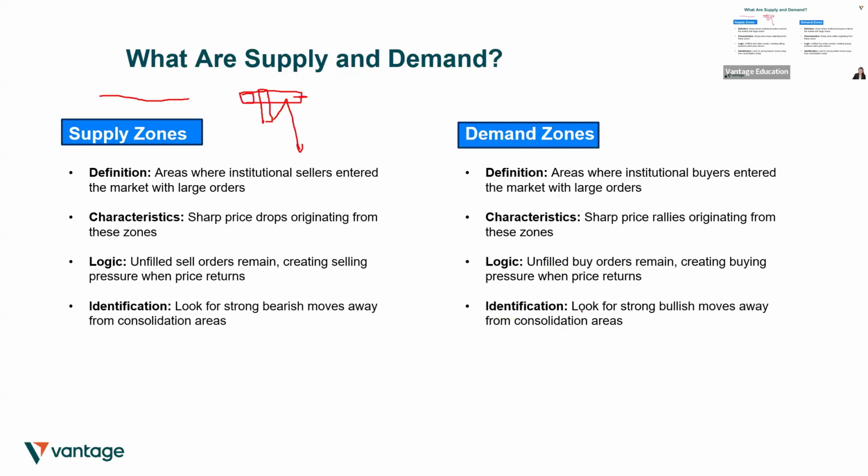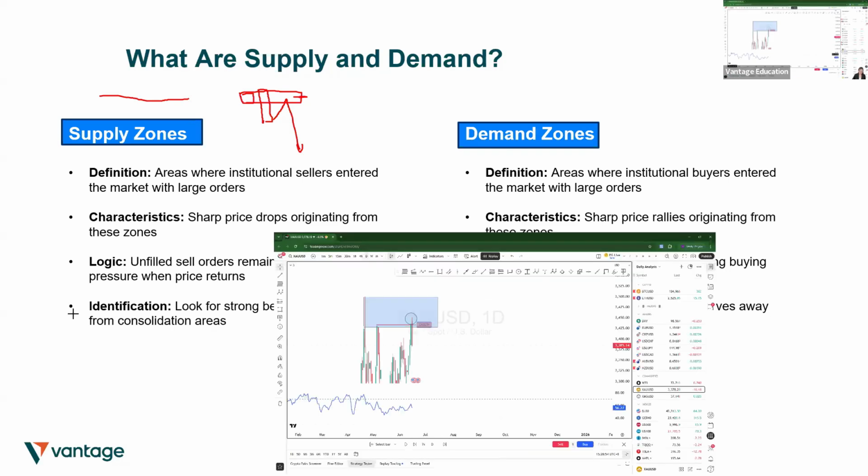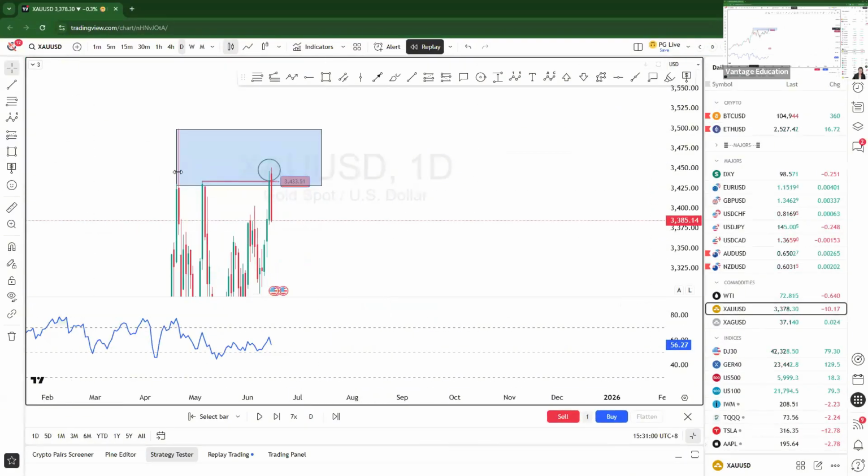So identification: look for a strong bullish move away from the consolidation area. It's the same as the support, right? You might see something like that with price action, or the red candle here, and then the next move is the green, which is the bullish engulfing, and then you draw the zone, your demand zone, which is your bullish order block. Okay, which looks like this. I will come back here again.